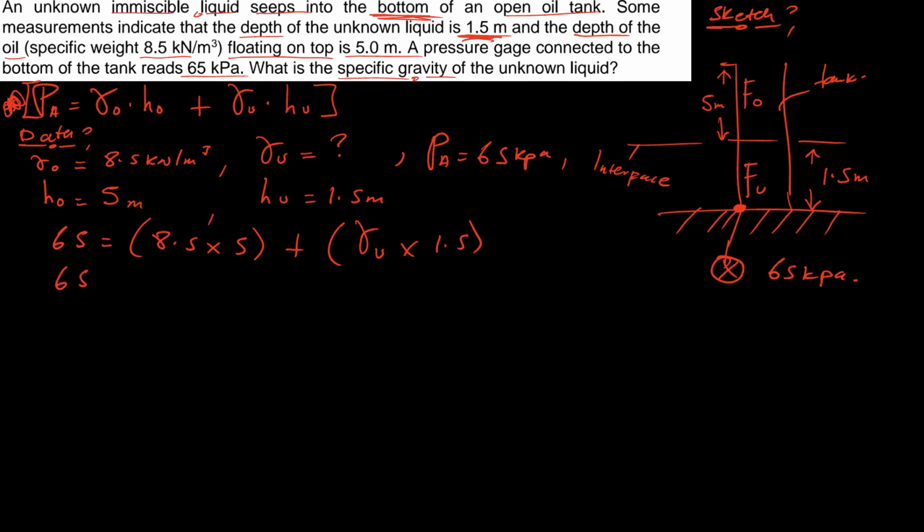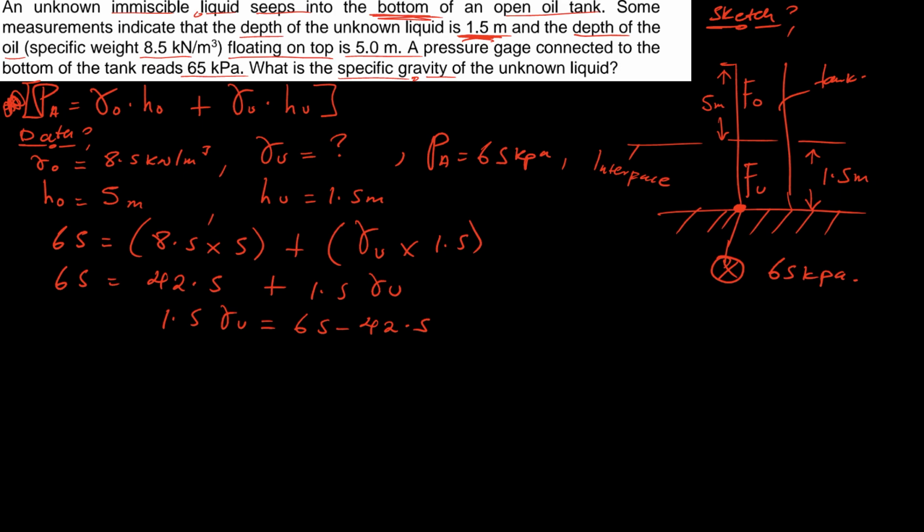So having 65 equal to 42.5 plus the specific weight of the unknown times 1.5. If we make the specific weight of the unknown the subject of the formula by making the 42.5 jump the equal sign, if you find the additive inverse, you will have 1.5 times the specific weight of the unknown being equal to 65 minus 42.5.